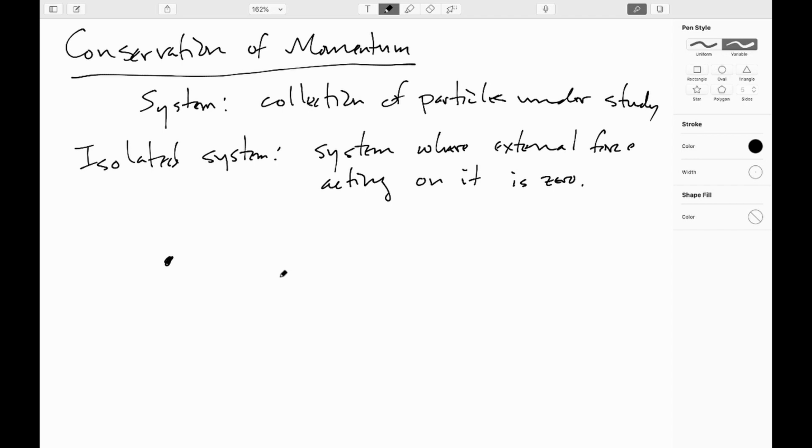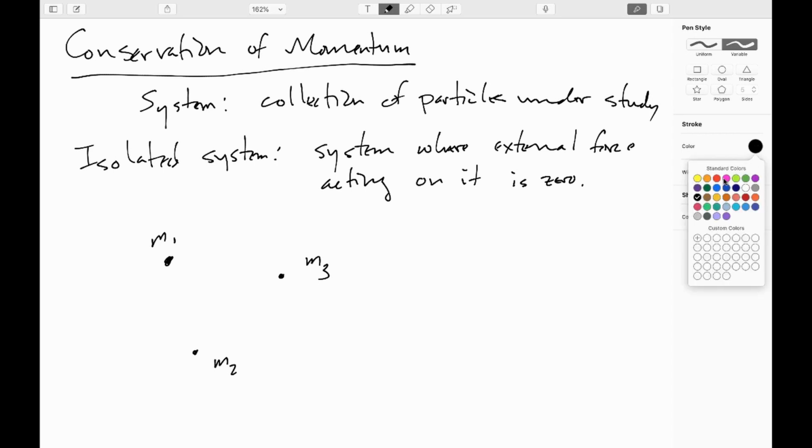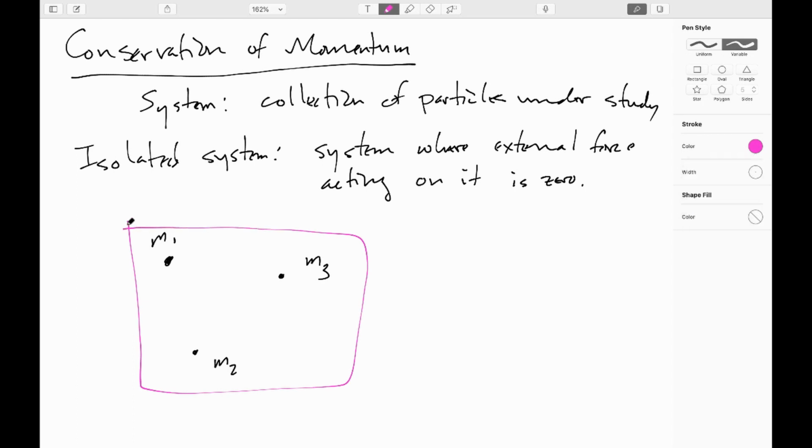So the beauty in physics is we can just go ahead and take any old collection of particles and say, hey, that's my system. And then I can go ahead and draw a box around them or something and say, I am looking at the three of these particles combined.